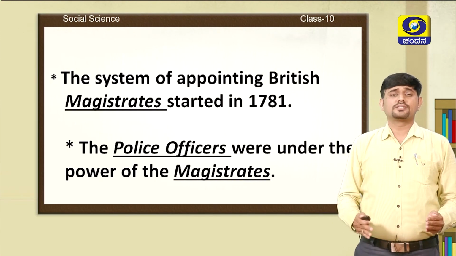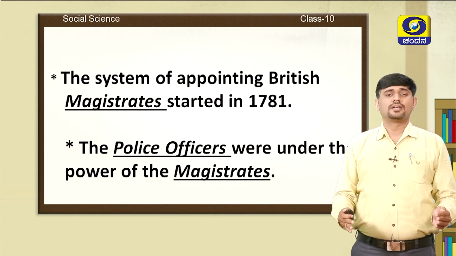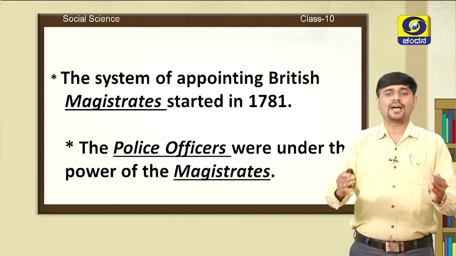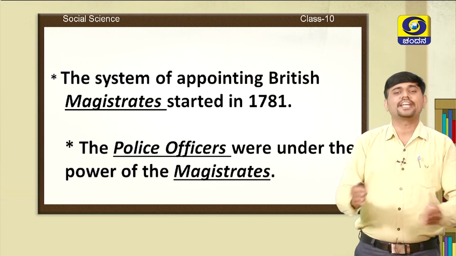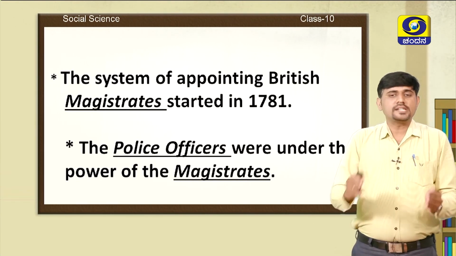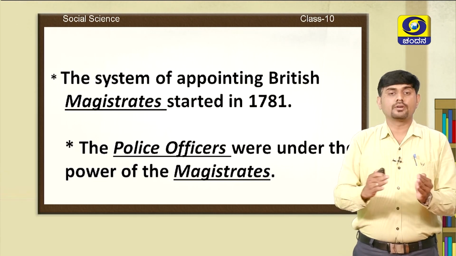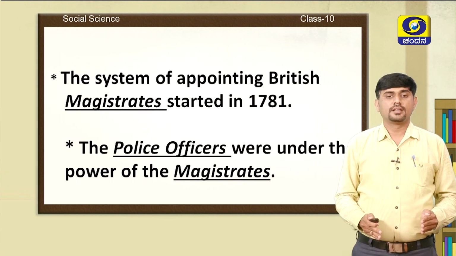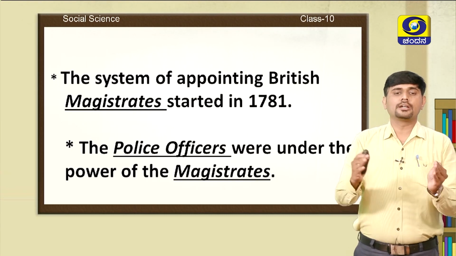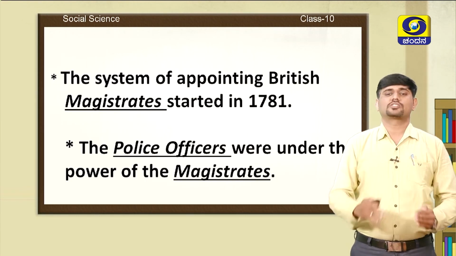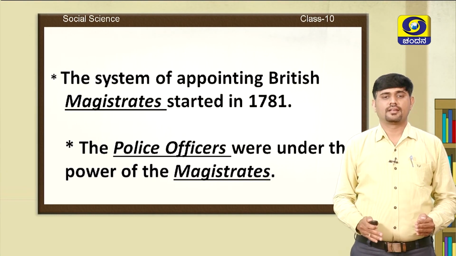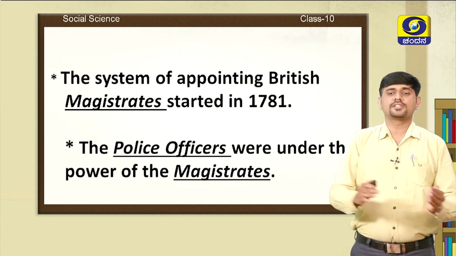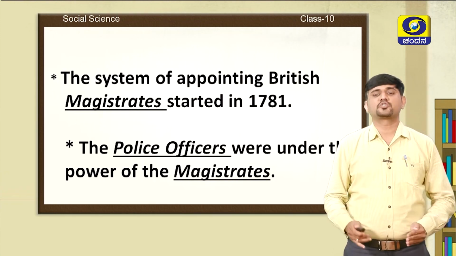My dear students, with all these developments, the system of appointing British magistrates started in 1781. To control the police in India, there was no very efficient system, but by this time, 1781, the system of appointing British magistrates started. With this, the police officers were under the power of the magistrates.